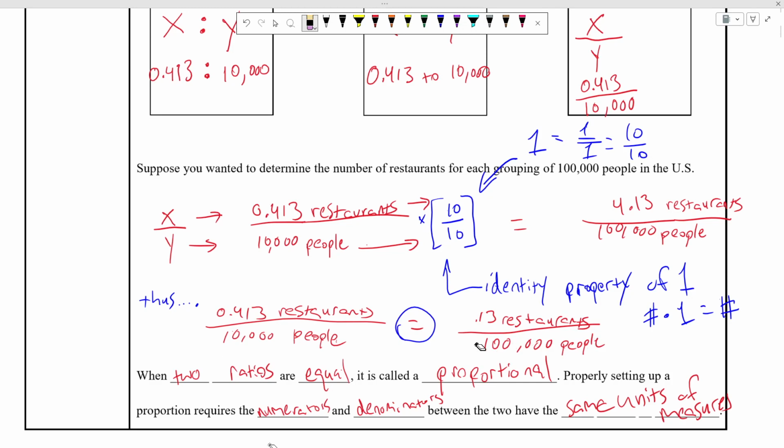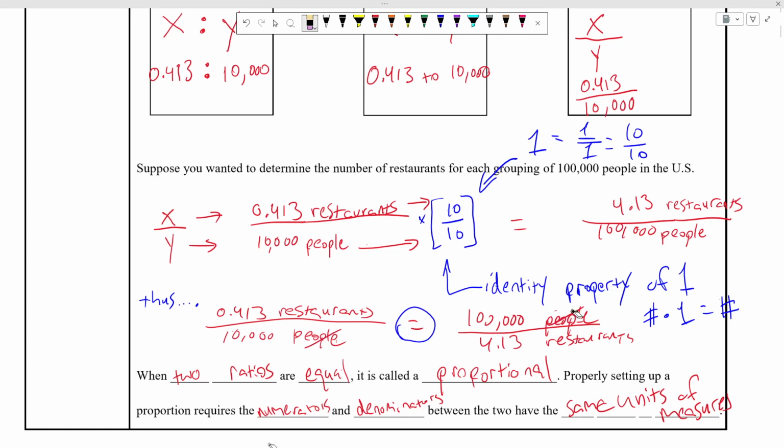I could not have this right here. This is what you cannot have: 100,000 people to 4.13 restaurants. That is a no-no. If this one's on the denominator, it has to be on the denominator too. It can't be across like this.